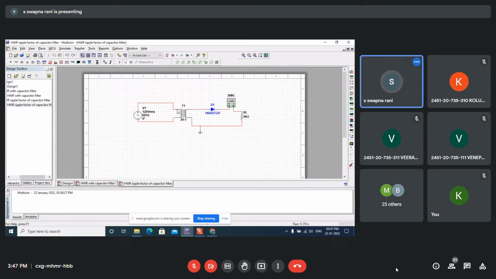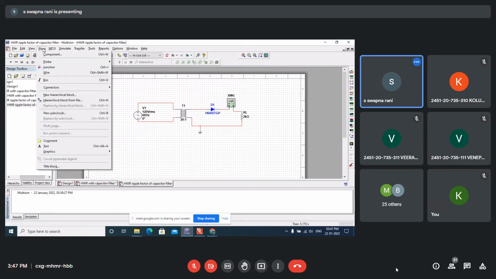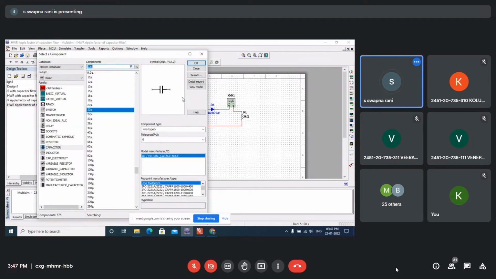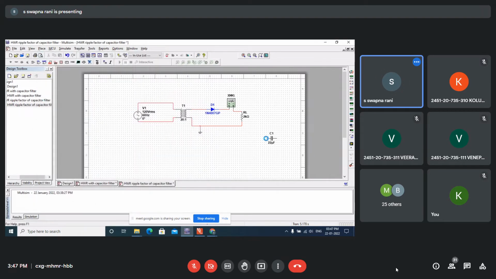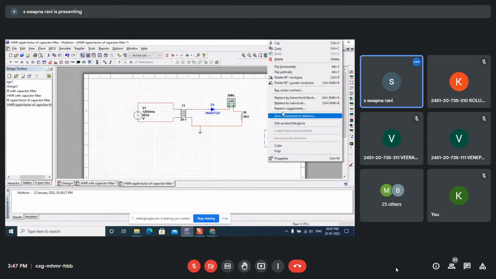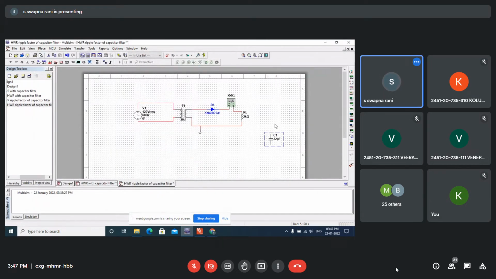Here also we will add a capacitor for click protection. So this end connected to the ground. So half wave rectifier with capacitor.